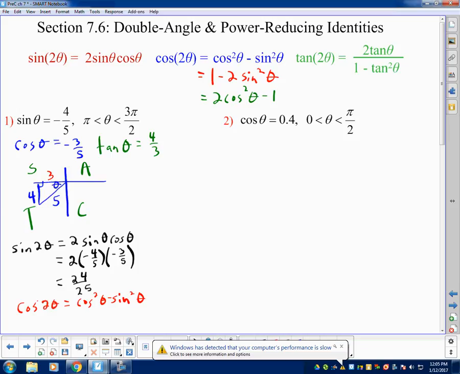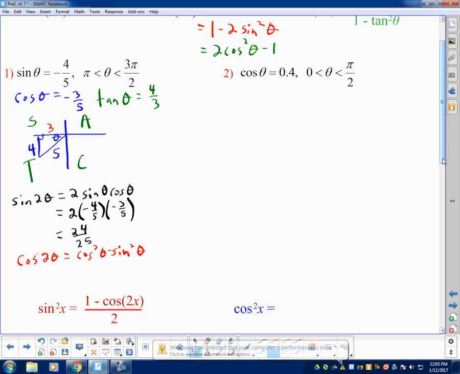And cosine theta is equal to negative 3/5. So this ends up being negative 3/5 squared minus sine of theta, which is negative 4/5. So I plug in negative 4/5 for sine of theta. And so that's 9/25 minus 16/25. And 9/25 minus 16/25 is negative 7/25.